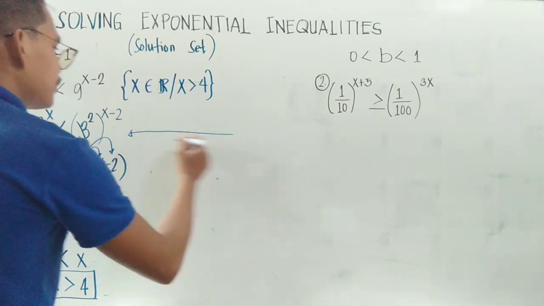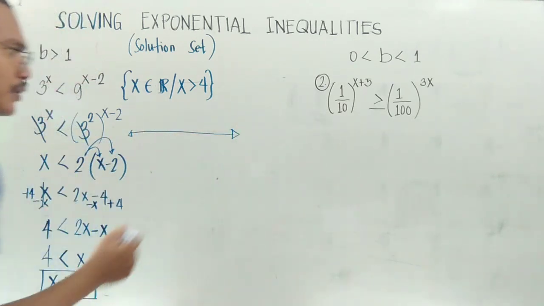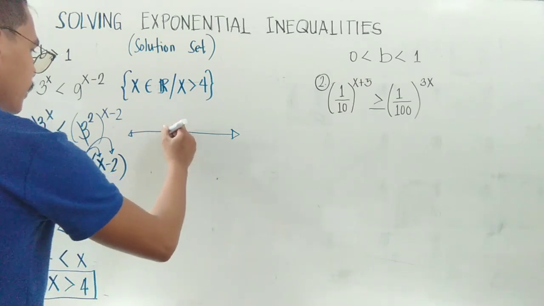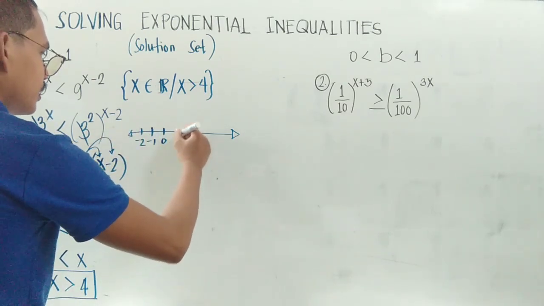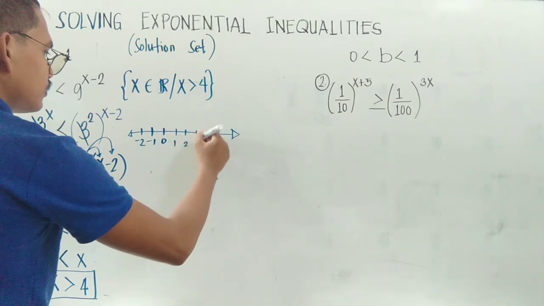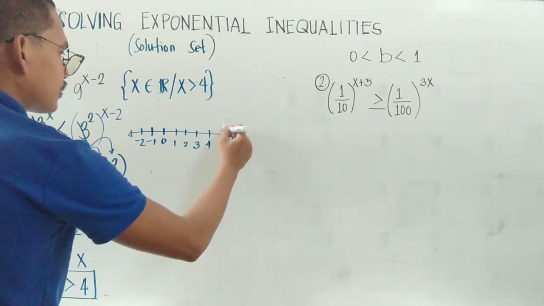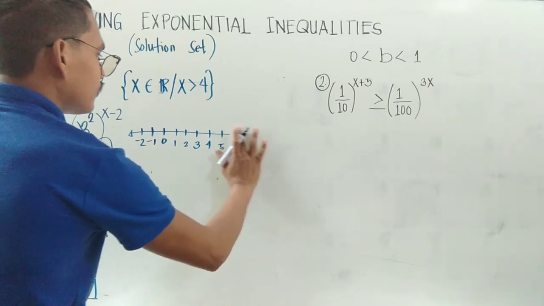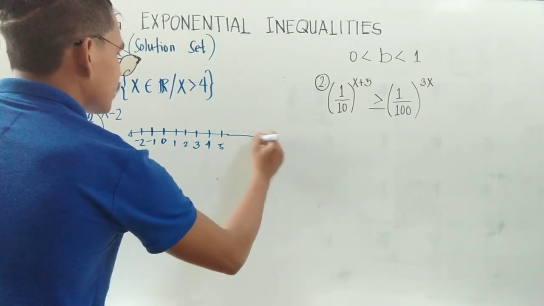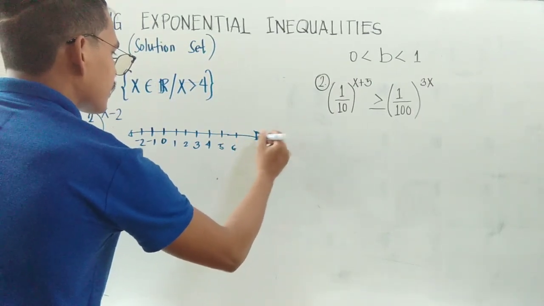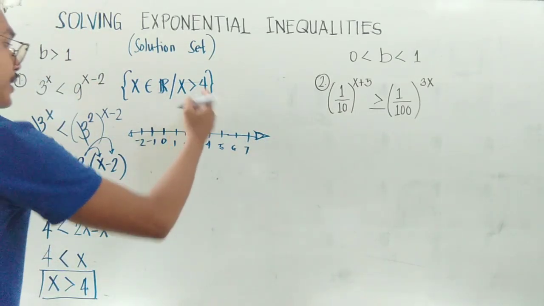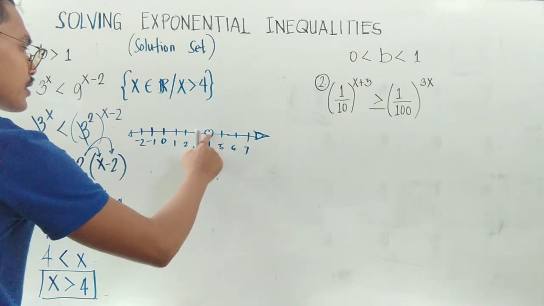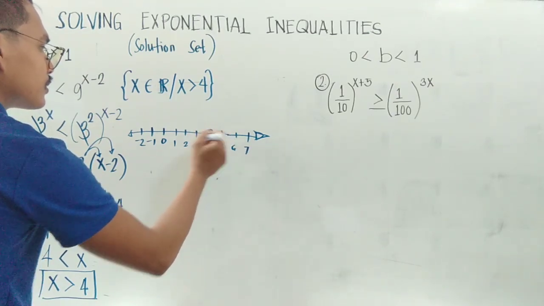If we will try to put it on a number line for you to understand it more, example, we have 0, -1, -2, and so on. Then we have 1, 2, 3, 4, 5, 6, and 7. So greater than 4, the circle is open.